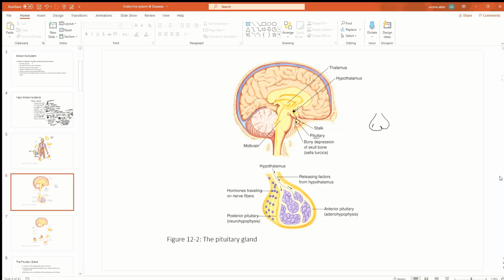So this is anterior, this is posterior. The anterior pituitary produces 6 hormones, and the posterior pituitary releases 2 hormones. And how much hormone will be released is determined by the signal that arrives from the hypothalamus.